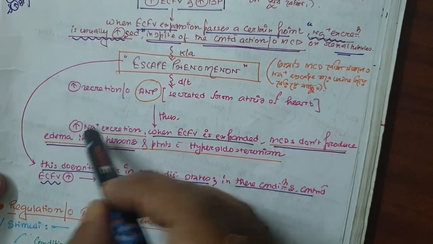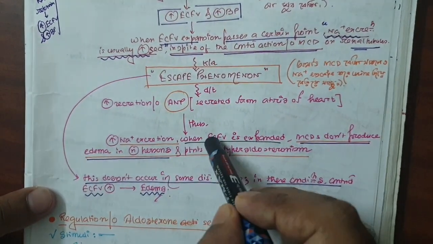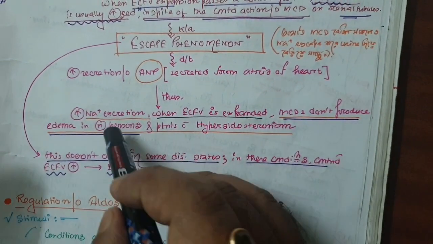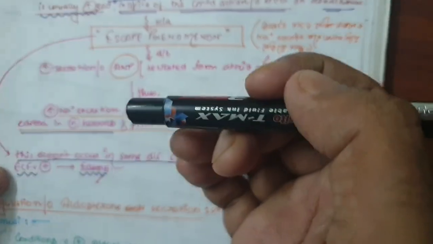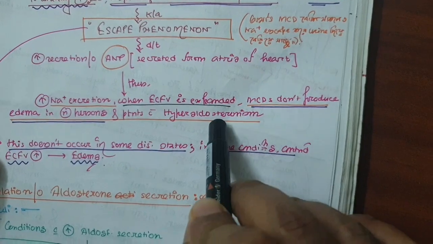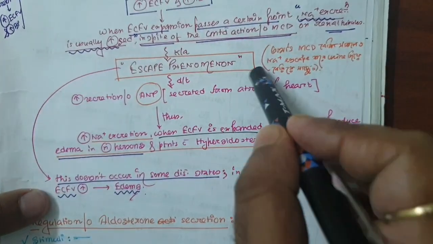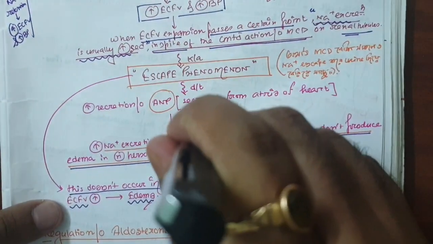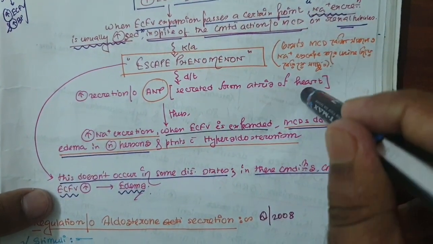This is actually the function of ANP, to increase sodium excretion when there is increased ECF volume, and mineralocorticoid doesn't produce edema, even in a normal person with increased mineralocorticoid, and even in persons who have hyperaldosteronism. So due to the escape phenomenon, even if there is mineralocorticoid excess, sodium is lost in the urine, and thus it prevents the formation of edema.